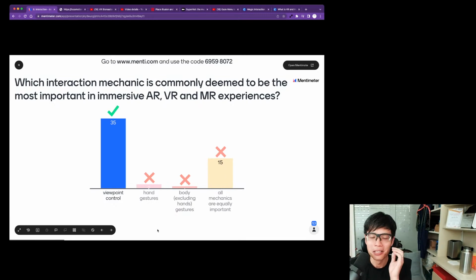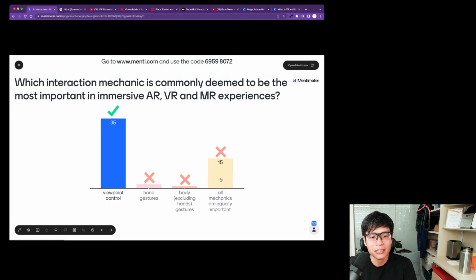Wrong. Not everything is equally important. I'm not saying that you are wrong if you intend to make it all important. Maybe for your specific use case, you want to aim for that.